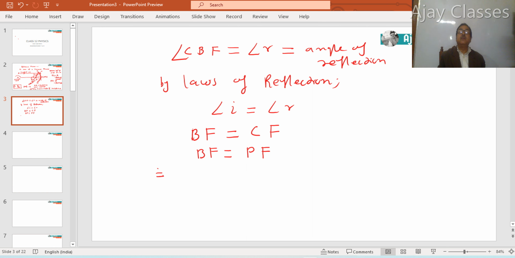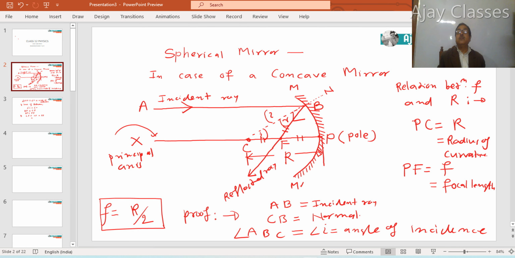It means we take the distance C to P as C to F added to P to F. C to F, B to F and P to F are all equal to each other.